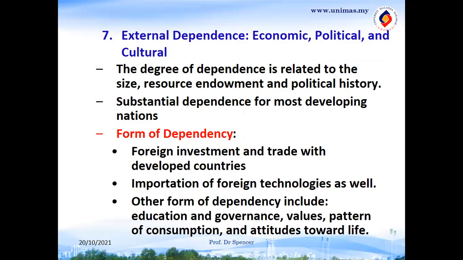So negara yang pernah dijajah dulu tends to become dependent on the colonizer. Yeah. So there is substantial dependence for most developing nations on the developed nations. Yeah. So the forms of dependency include foreign investment and trade with the developed countries.